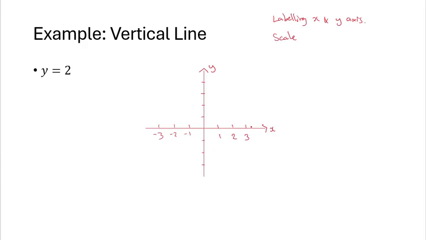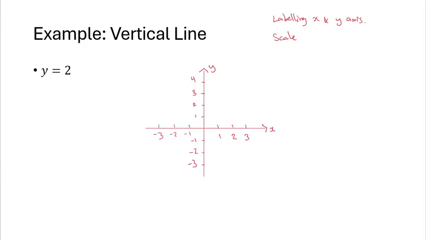I can make my x-axis go up by 1, and I can in fact make my y-axis go up by 2 instead. I can even make it go up by 3 if I really wanted to. But then again, that just depends on the context of the question. So because my context of the question is very simple, I am just going to go up by 1 instead. Okay? Just like that.